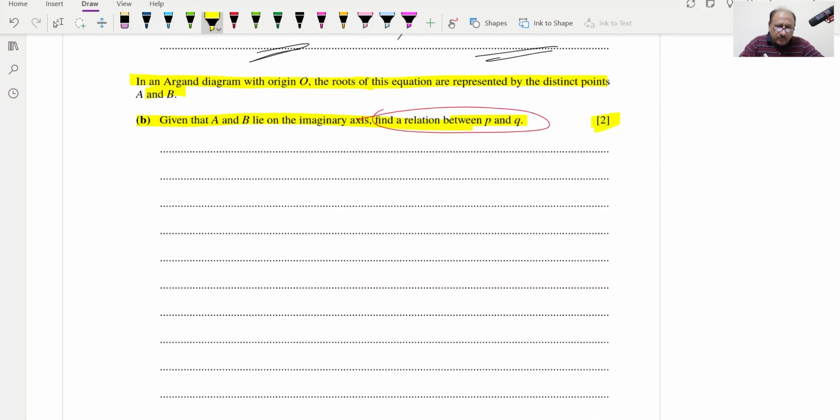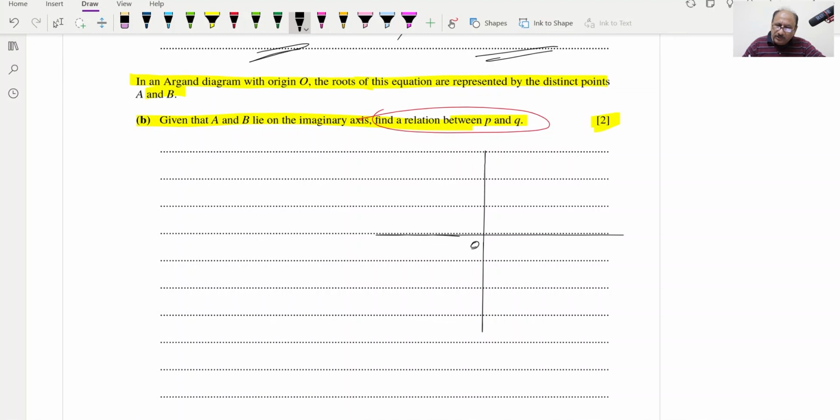So first of all, if we consider A and B distinct points with origin O, this will be our Argand diagram, and this will be the origin.